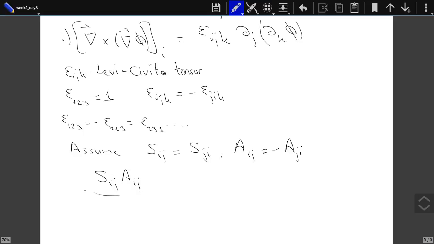So here this ij pair is symmetric in S. In A, the same ij pair is anti-symmetric. The product is 0. Now the easiest way to see it is, remember we are summing over i and j. So i and j are just dummy indices. Since they are dummy indices, I can just change their names.